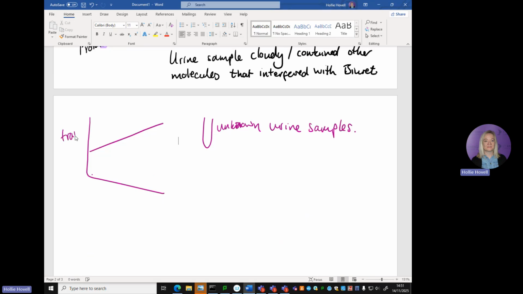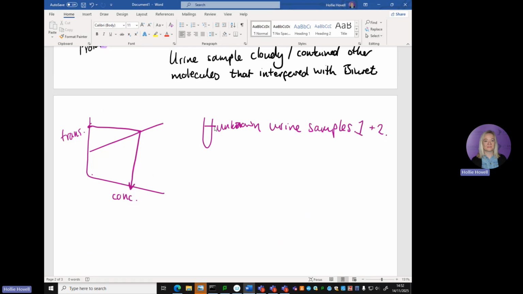So we had transmission up the side of our graph and concentration of glucose on the bottom, and if we put our urine sample in the colorimeter and it gave a reading of 20, we went to 20 here, we drew a line across till it hit our curve, down until it hit the concentration, and we read the concentration here. And that gave us what we think was the concentration of urine sample 1 and urine sample 2.